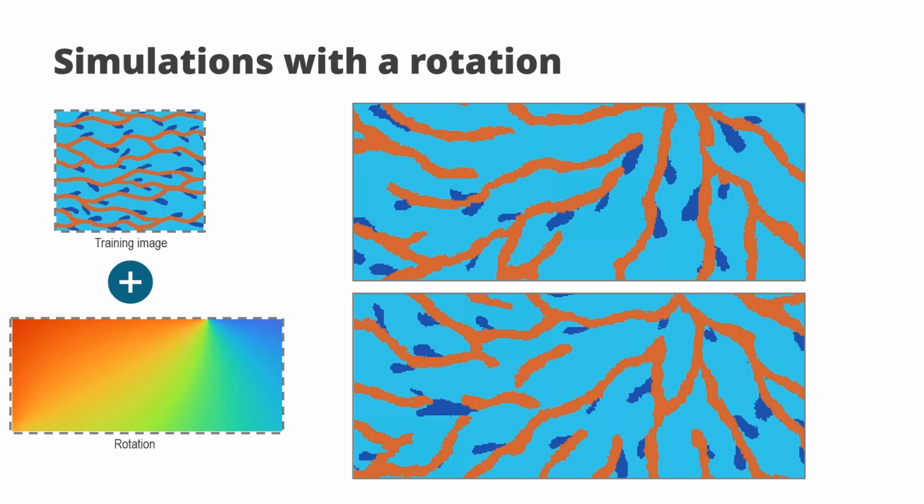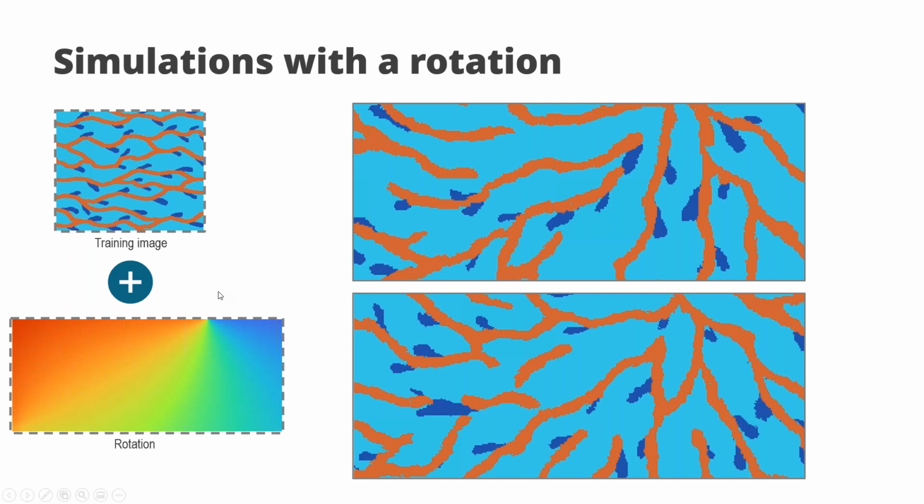We can apply this rotation globally, so same transformation everywhere, or locally. So in this case, we require a map of angle or something different.